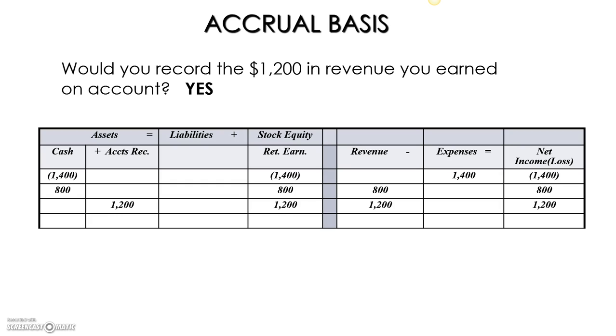Yes, we delivered the flowers, so we performed the service, earned the revenue. The only difference is we wouldn't have an impact to cash. We'd have an increase to an account called accounts receivable, which is an amount due from our customers. Revenue goes up, net income goes up, and retained earnings also goes up.